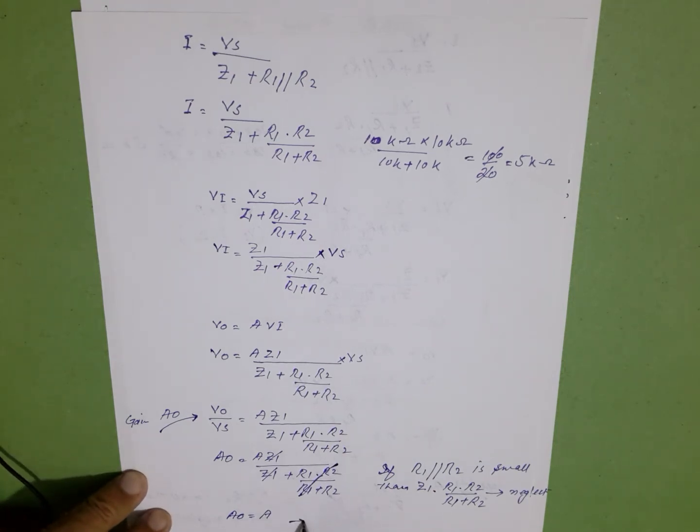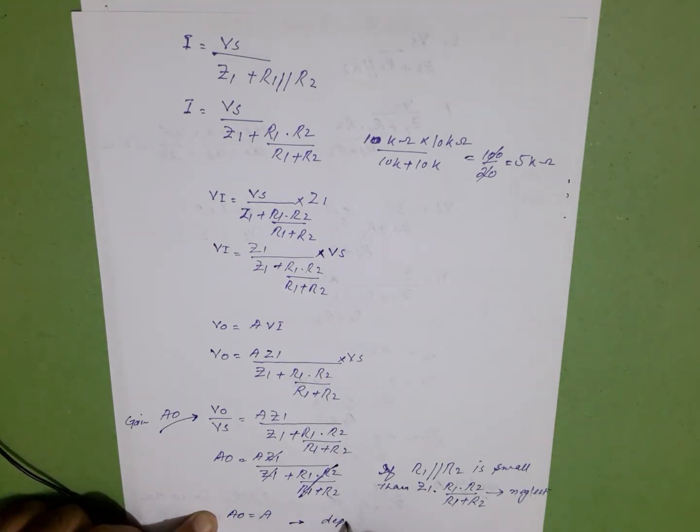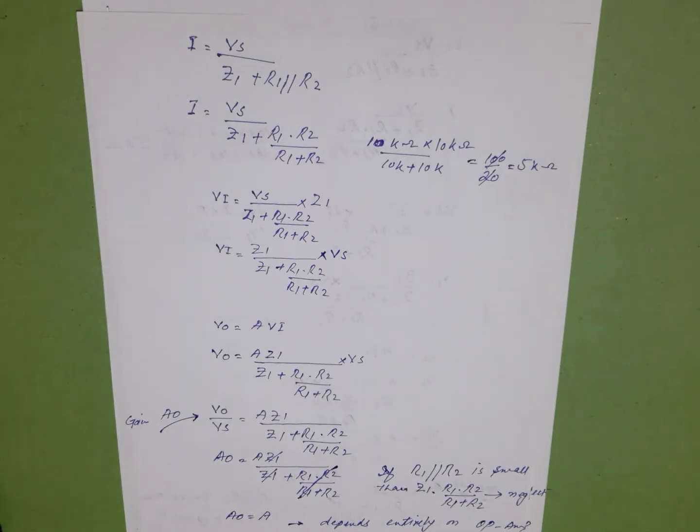This means open loop gain A naught depends entirely on the op-amp, operational amplifier, gain. Open loop gain is equal to the gain of the operational amplifier.